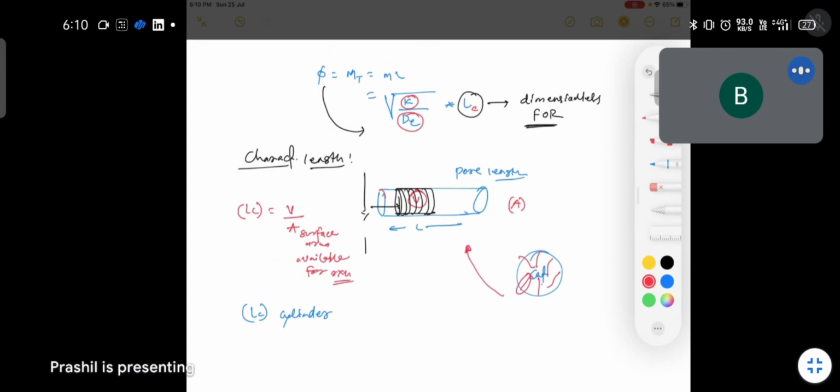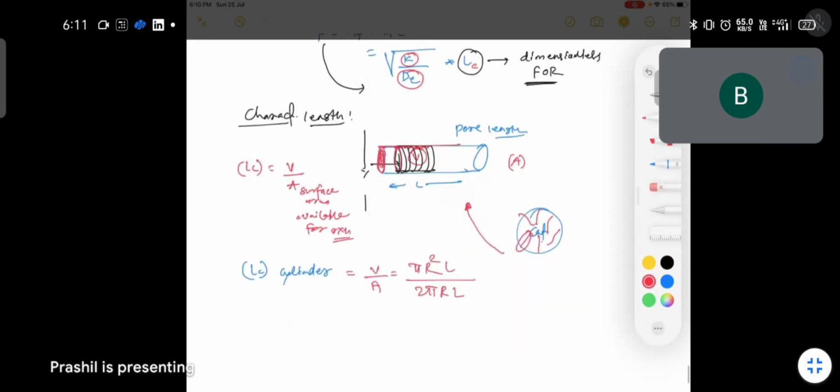LC is volume divided by area. Volume is pi r square into length, divided by area, which is 2 pi r into L, that is circumference multiplied by length. So you will have r by 2 as your characteristic length.